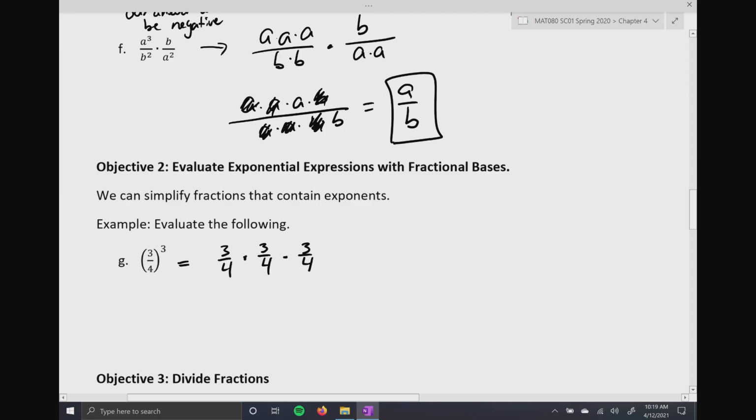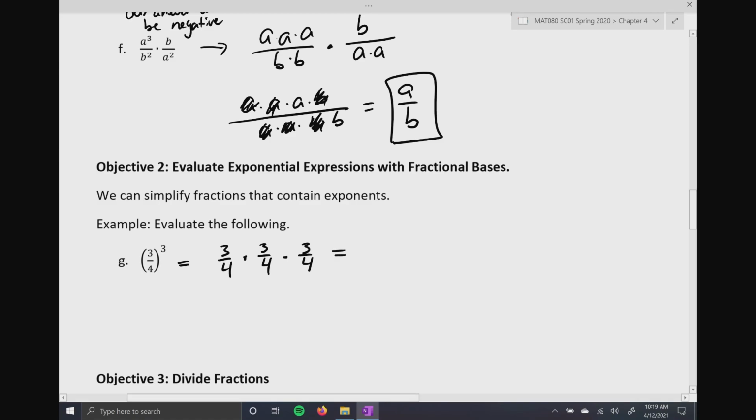Now, do you see any numbers that are the same in both numerator and denominator? No. So I know this is already reduced. I just need to figure out what it is equal to.